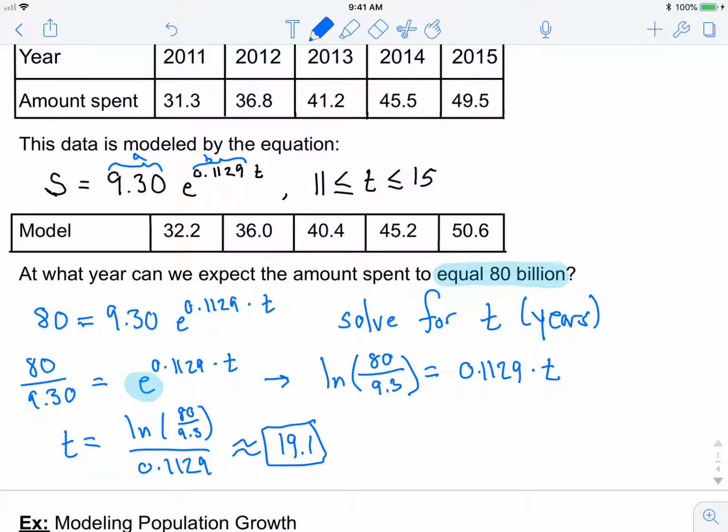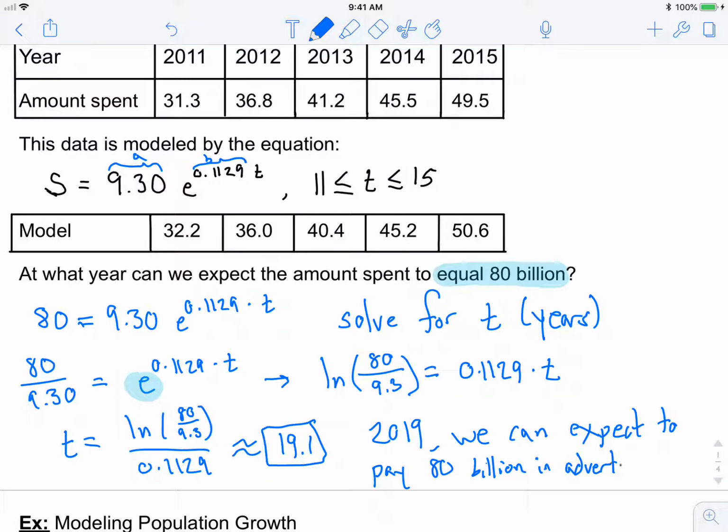This means that in the year 2019, we can expect to pay 80 billion in advertising. And we've answered the question. So when we have the basic rules down for exponential equations and logarithmic equations, it's about as easy as adding or subtracting or multiplying or dividing.